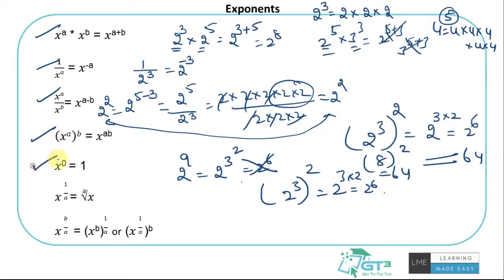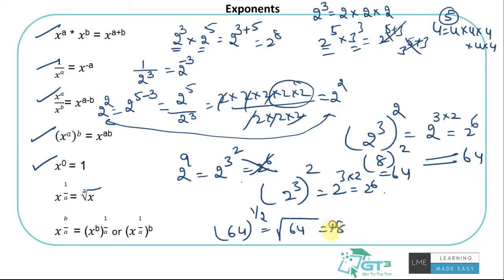Any number raised to 0 is 1. 2 power 0, 5 power 0, 10 power 0, doesn't matter. It is always 1. And x power 1 by a is the a-th root of x. What do I mean by that? If I have a number like 64 whole power 1 by 2, this is basically the square root of 64, that is 8.